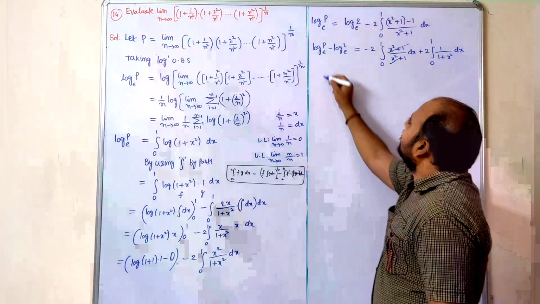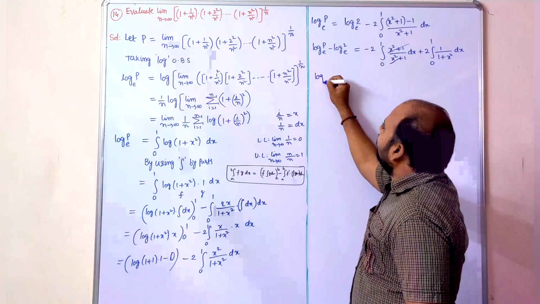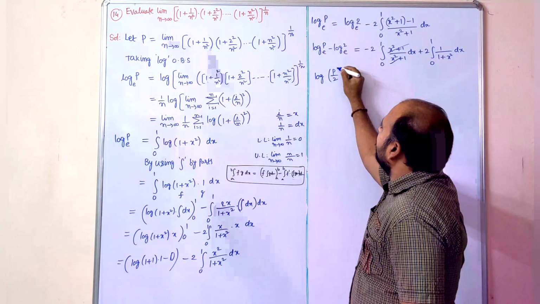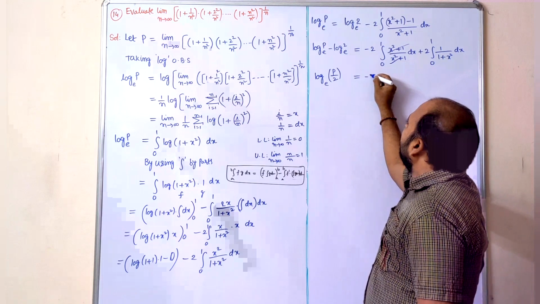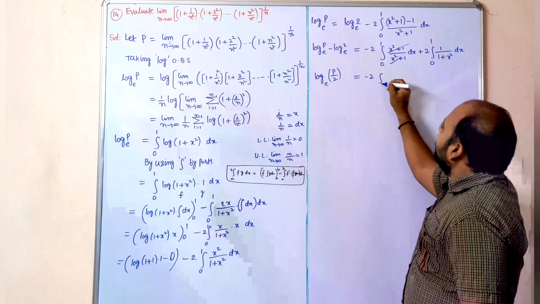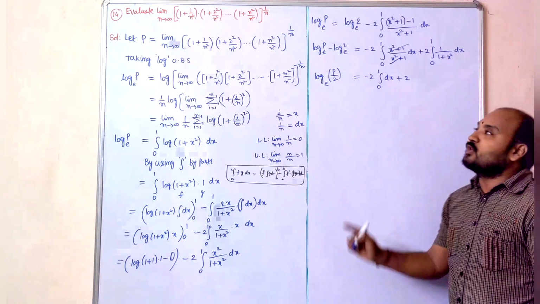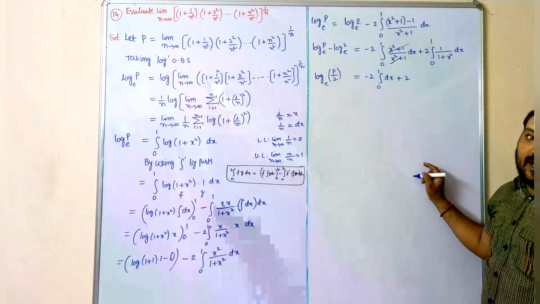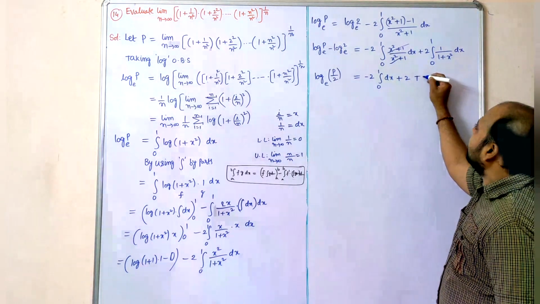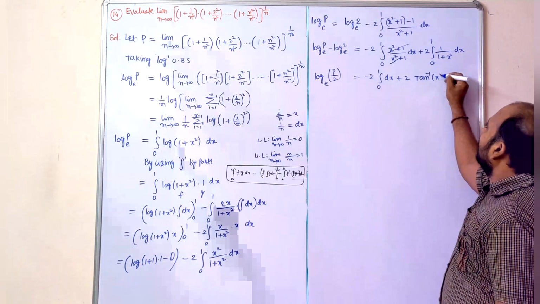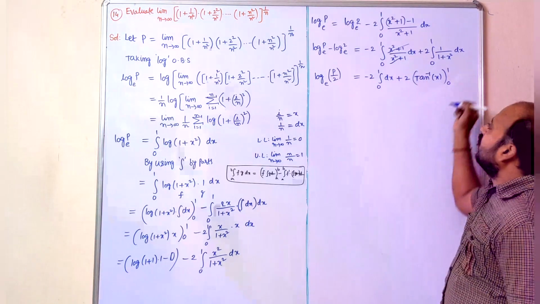I hope everyone understands. Log a minus log b is log a by b, so log p by 2 to the base e is equal to minus 2 into integral 0 to 1 dx plus 2 into integral 0 to 1 of 1 by 1 plus x square. Integral of 1 by 1 plus x square is tan inverse x, applying the limit 0 to 1.